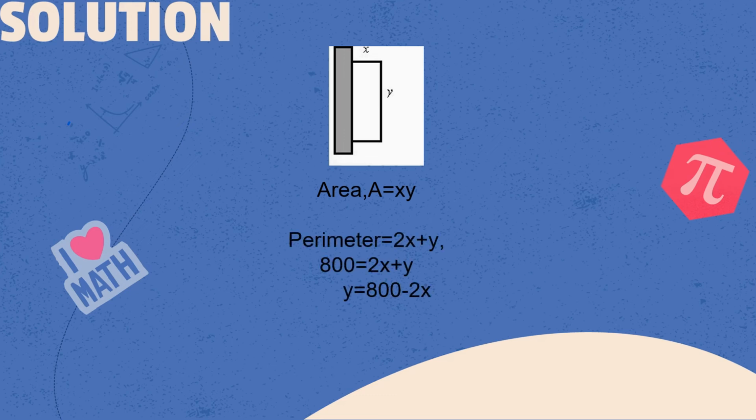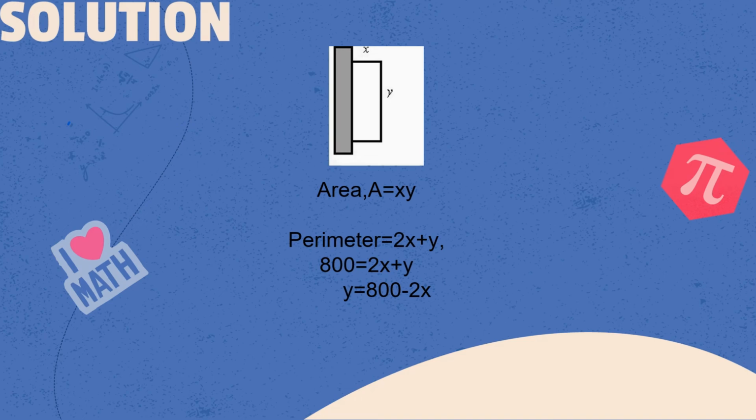Next is the perimeter. We know that the perimeter is usually 2x plus 2y, but this question tells us that it is just three sides because one side doesn't have any security fence on it.